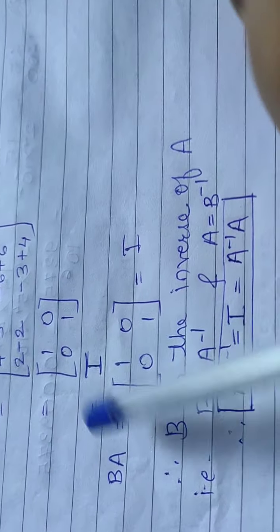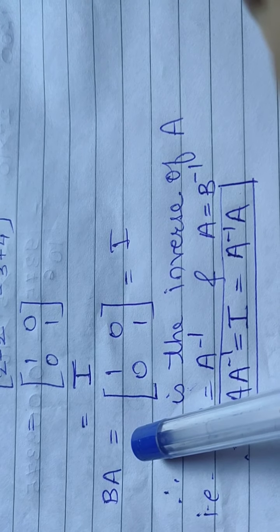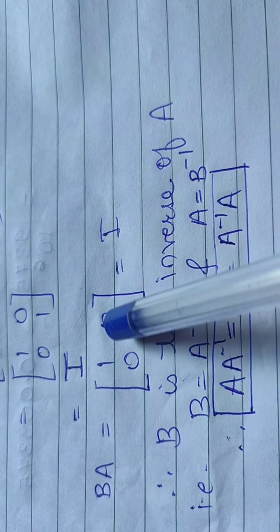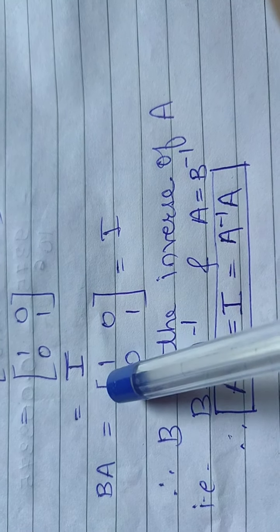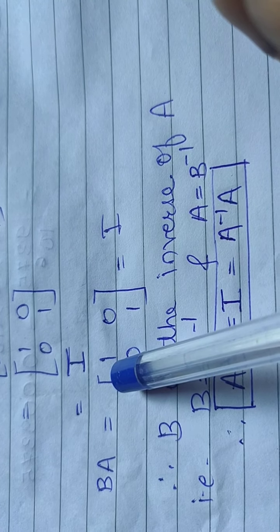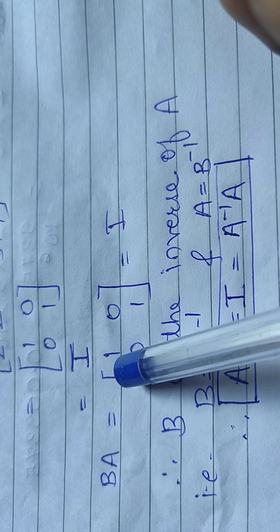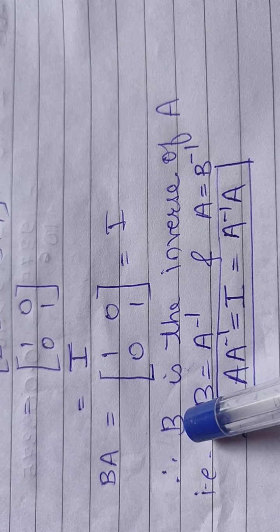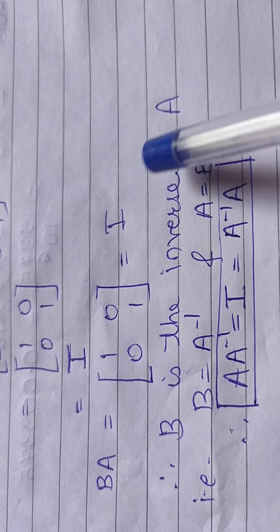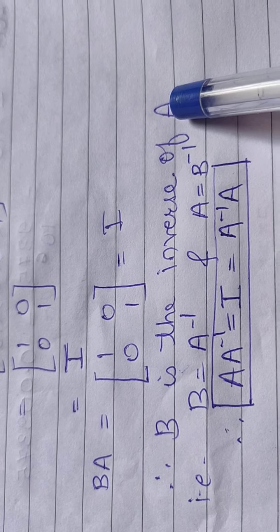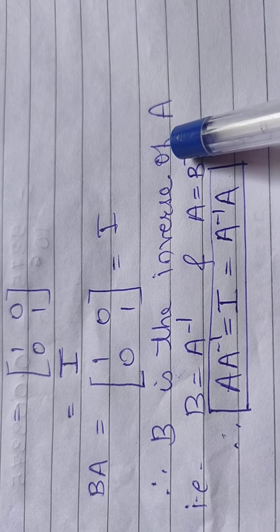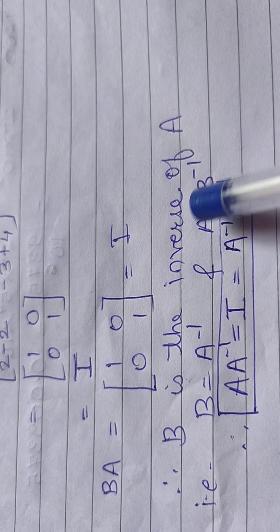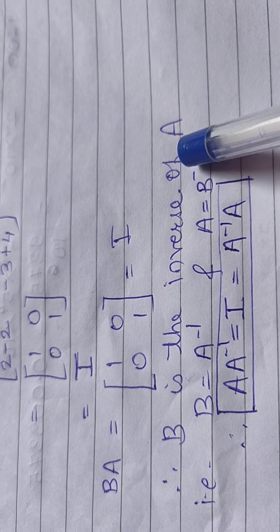Okay, further find out B into A multiplication in the same way, and that is also the identity matrix. So we get the identity matrix again. You try that multiplication and you will get the identity matrix of the same order too. So this is also equal to I, and hence here the B matrix is called the inverse of matrix A. So B is the inverse of matrix A. Okay, that is, B is A inverse, and A is equal to B inverse.